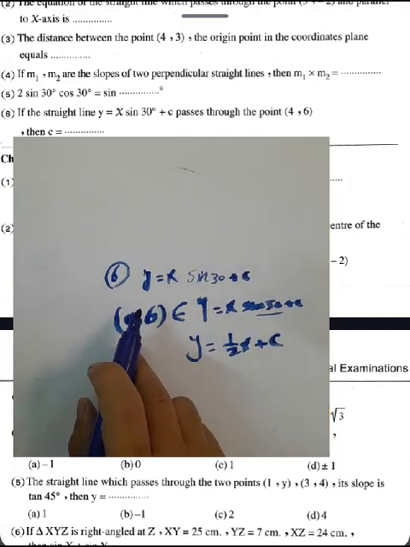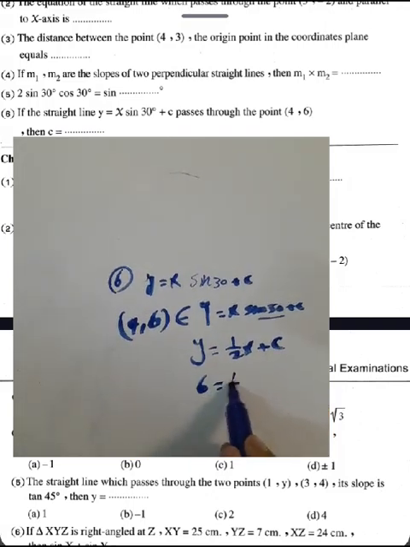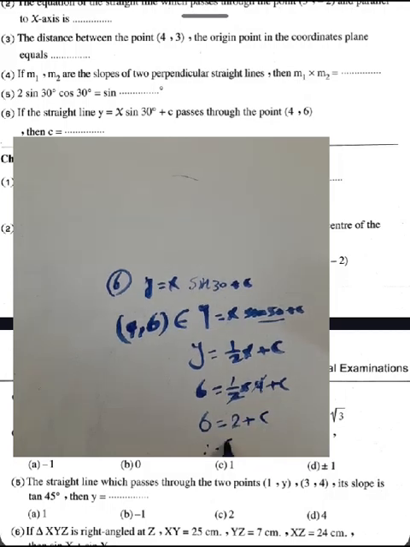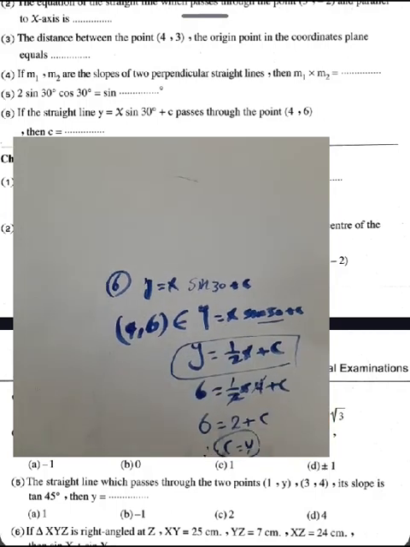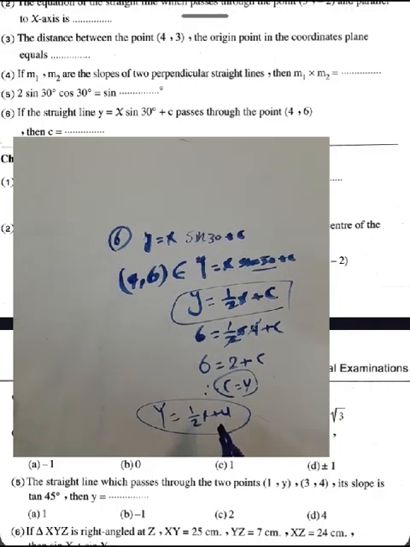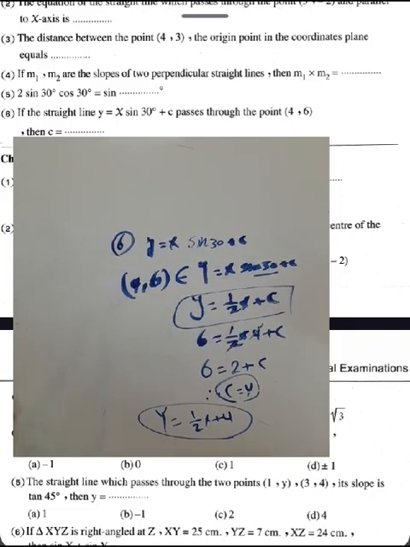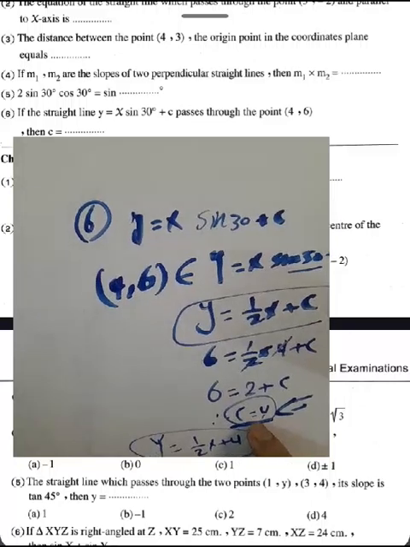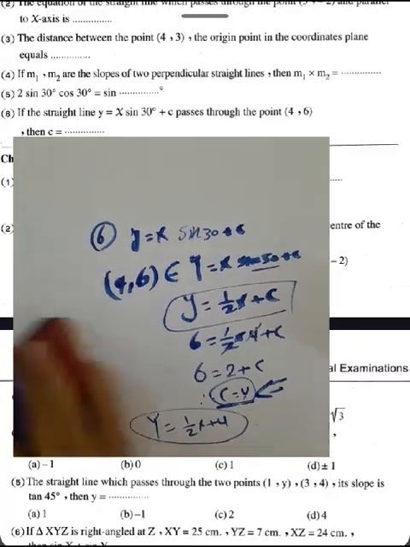Put x equal 4 and y equal 6. Then 6 equals half times 4 plus c, so 6 equals 2 plus c. The constant will be 4. Then the equation will be y equals half x plus 4. This is the equation of the straight line. Write 4 in this space. The constant will be equal 4 for question number 6.